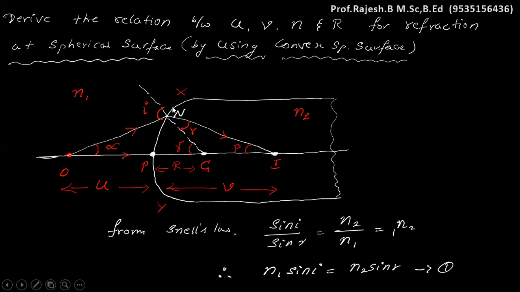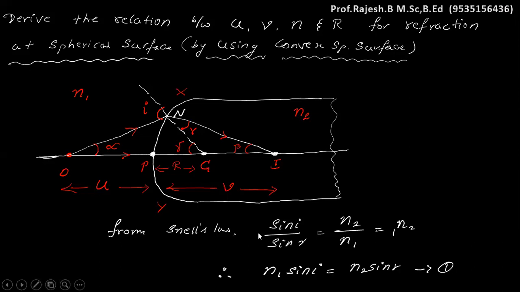And if you draw the normal, it will meet the center of curvature. With respect to the object, the angle formed by the incident ray and the principal axis is alpha. With respect to the image, the angle formed is beta, and with respect to the center of curvature, the angle formed is gamma.